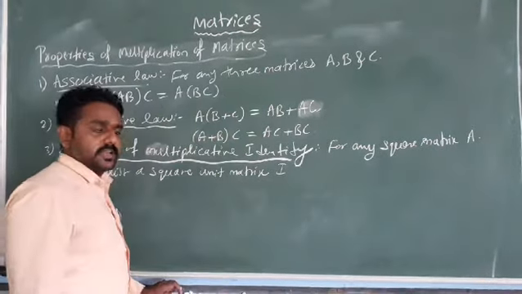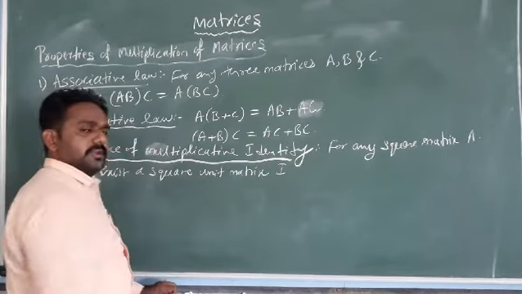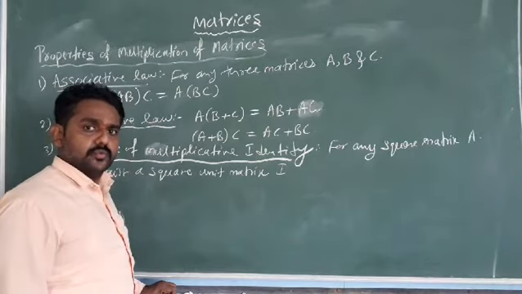If A is a 2 by 2 matrix, then the square unit matrix must be of the same order, 2 by 2 only.